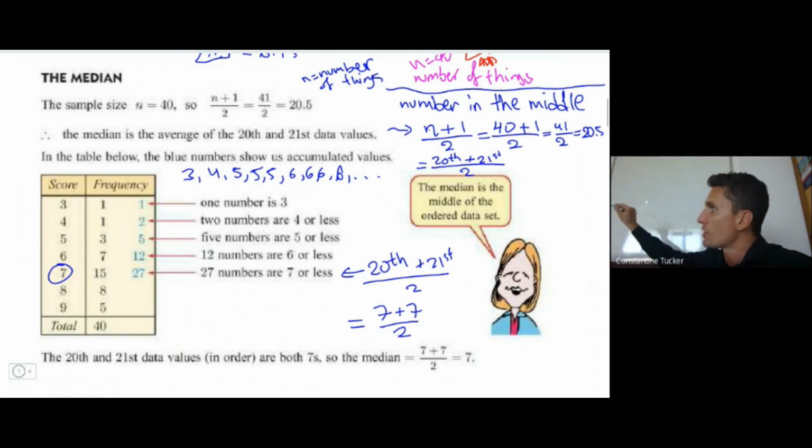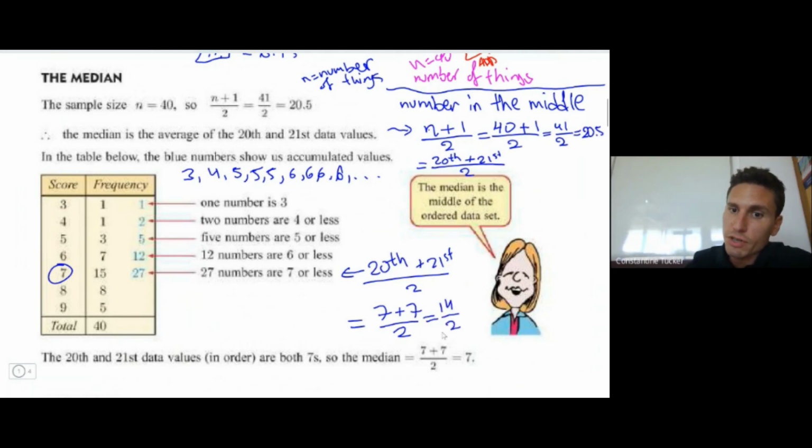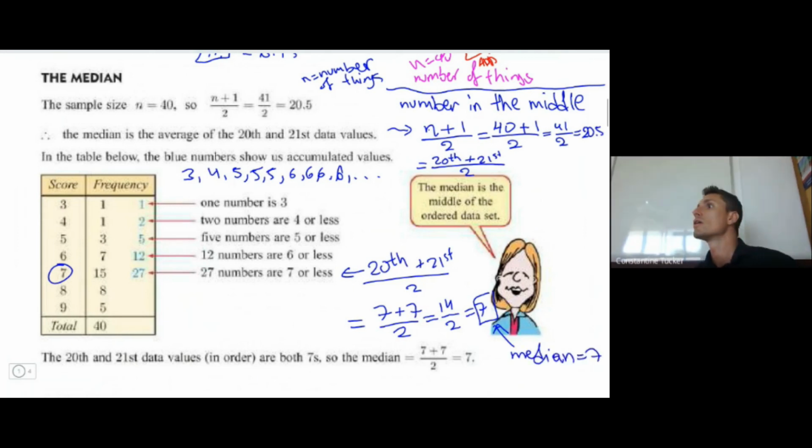Hopefully this answered your question, because now this is not going to be given 20.5. What is 7 plus 7 divided by 2? 7, because it's 14 divided by 2, which gives 7. So the median, the number in the middle, is going to be 7. The 20.5 told us that it's going to be between the 20th and the 21st value.